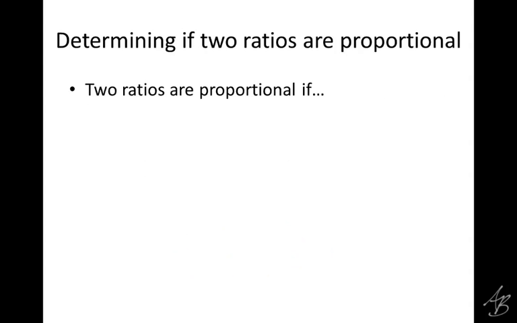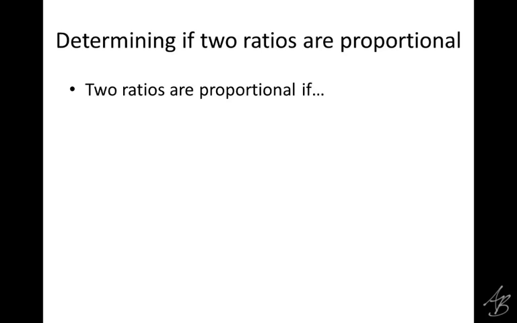All right, so the first thing we're going to do with these proportions, or with the ratios, is figure out if they are proportional to each other. So we're going to get 2 ratios, and we're going to see if those ratios are equal to each other. All right, so 2 ratios are proportional if what? What did I do to see if they were proportional? By each other. If they can go in.